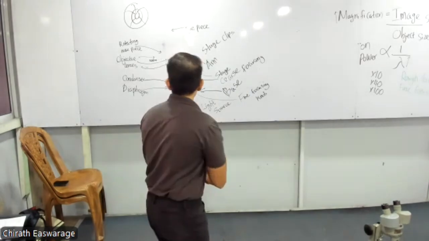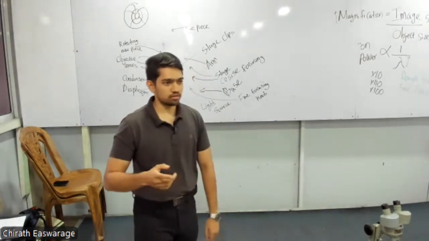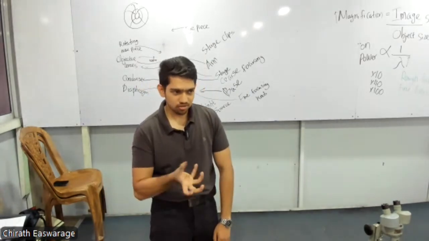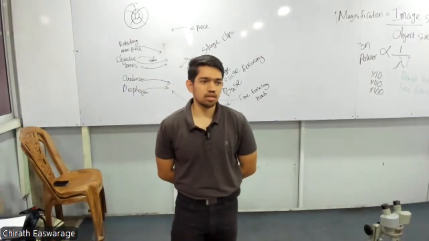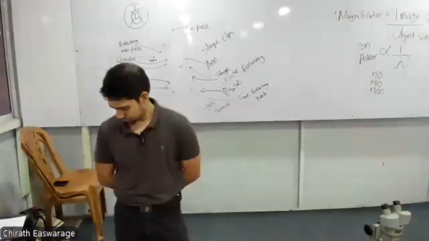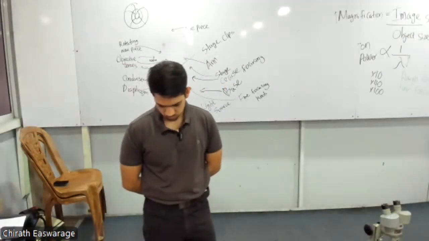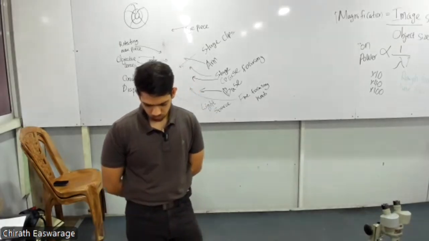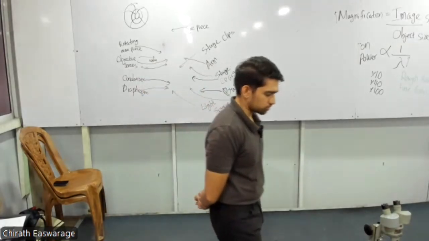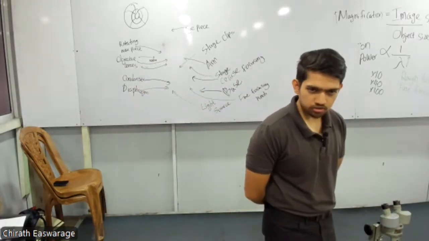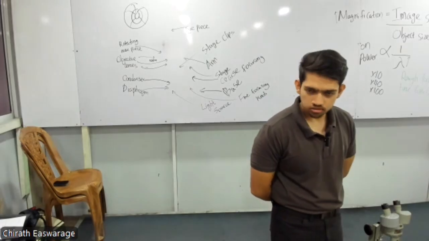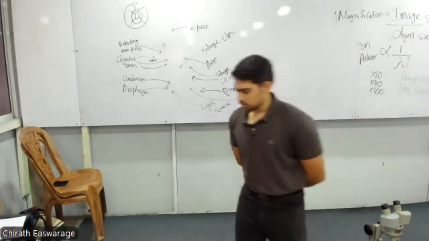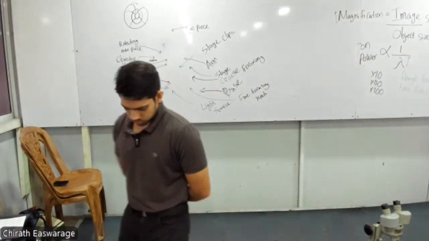Revolving, or better say rotating. It's not revolving, right? Revolving means like rotate. Rotating nose piece. Stage clips hold the specimen on the stage.